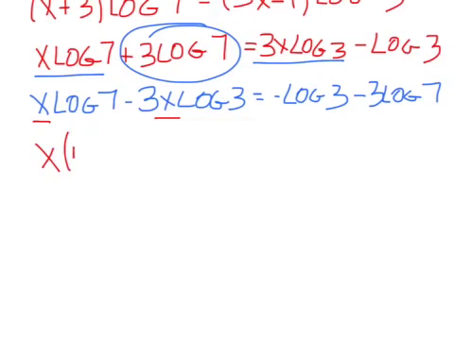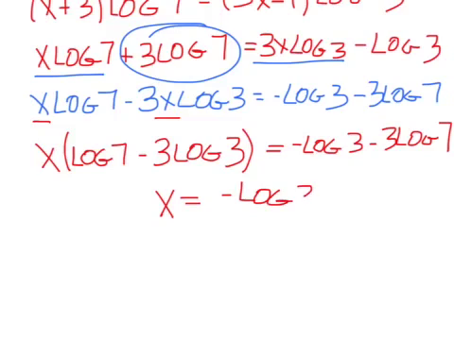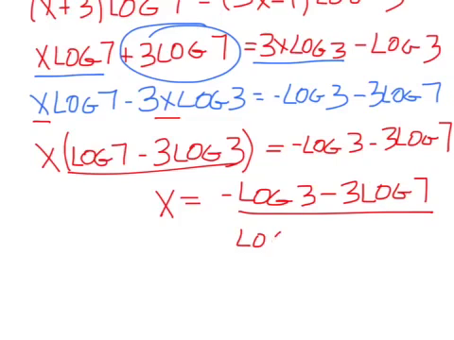So x times the quantity log 7 minus 3 log 3. Close the quantity equals your right side. Now to get the x by itself, you have to divide this by this. Make sure you put parentheses where they are needed.